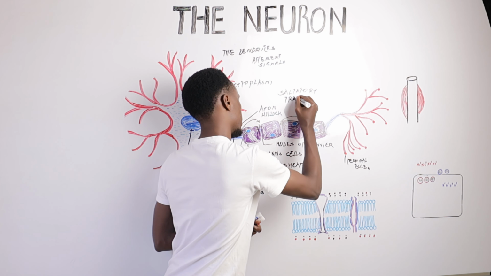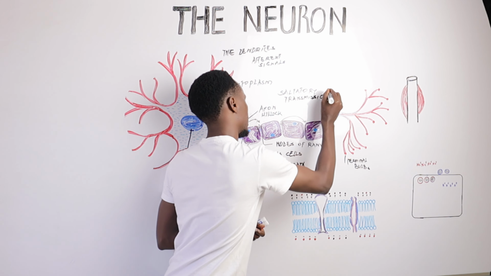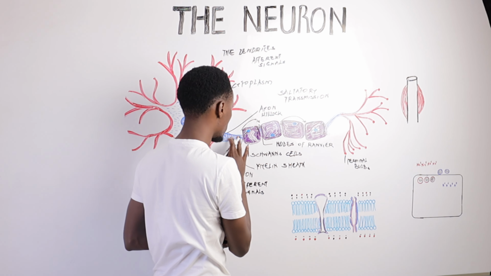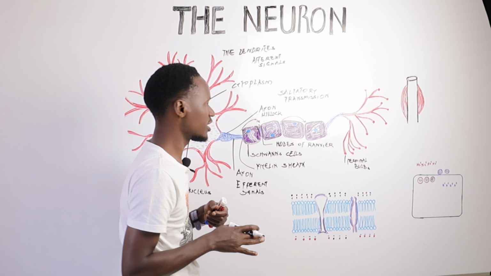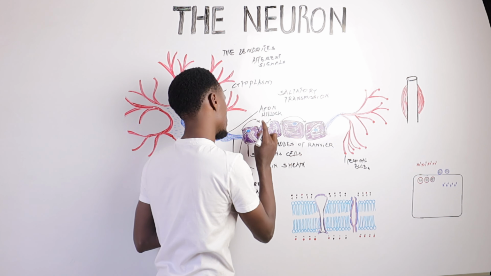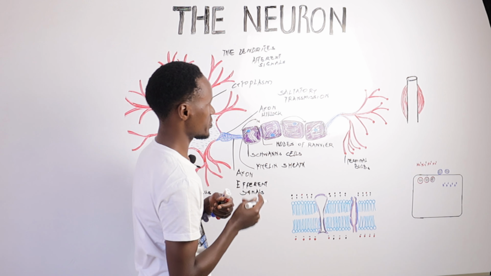Moving from one Schwann cell to the other is not the speed that we would wish. And so the electrical signals bounce from one node to the other through saltatory transmission.